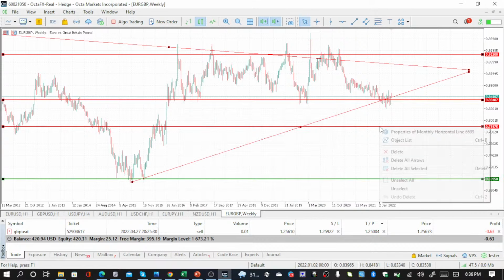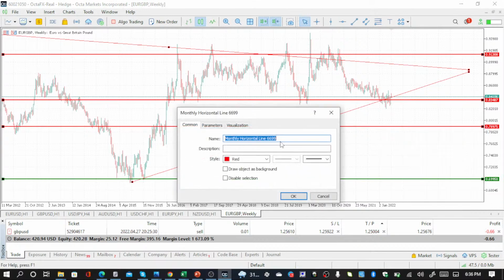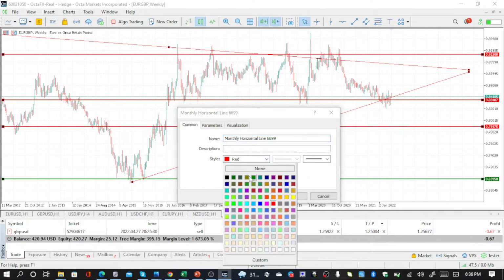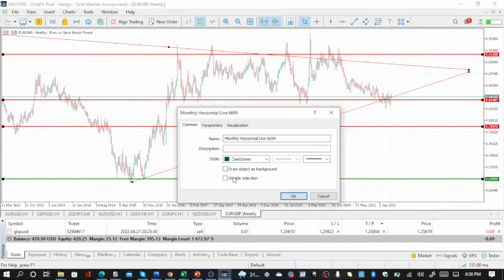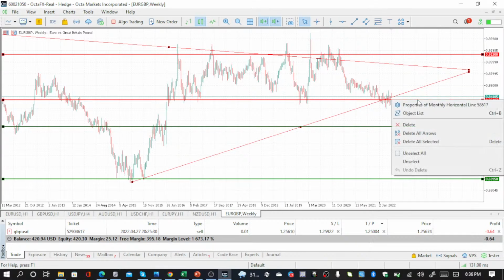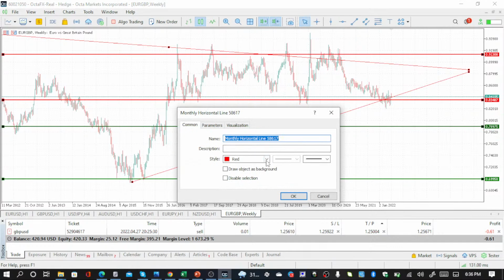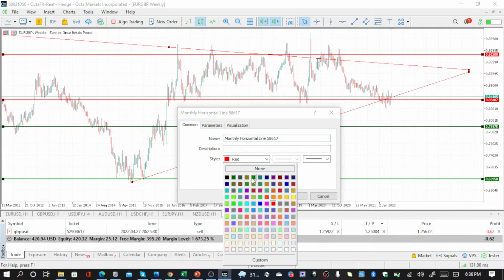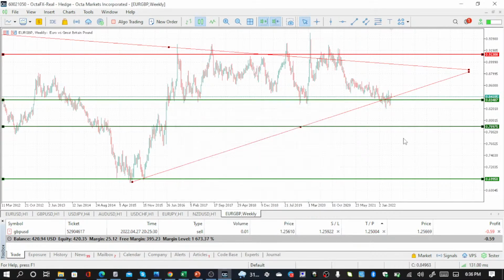Let me check out the creativity in the suggestion. All right, so because at this support level, that's a demand zone, the market pumps up. At the resistance level, the market pumps down.